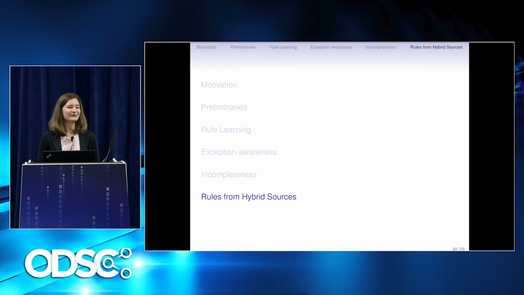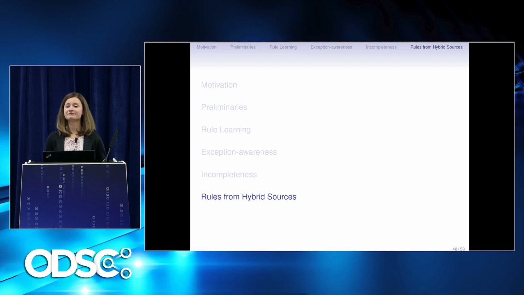Right. So now, of course, there is another thing. Can we actually learn rules from hybrid sources? That is, we have structured knowledge and also unstructured textual knowledge additionally. Could we somehow incorporate things and learn rules jointly in this context?